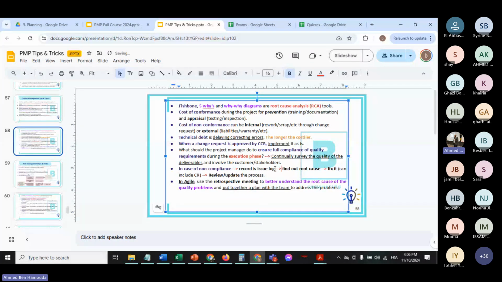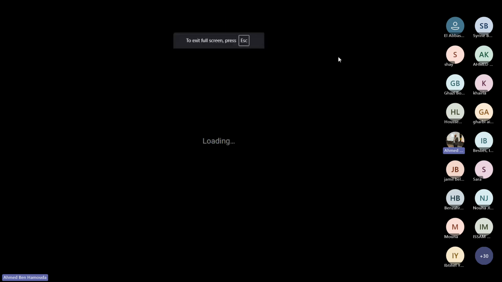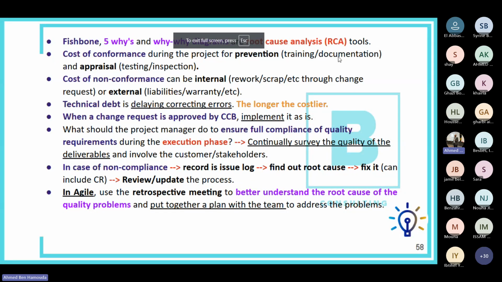So, record in an issue log, find the root cause, fix it, then review and update the process. Yeah, that should be more complete, right?